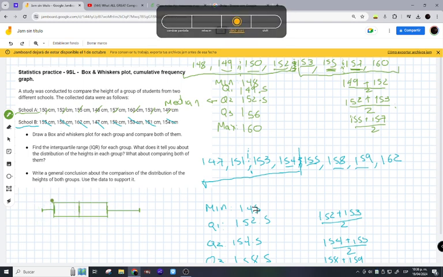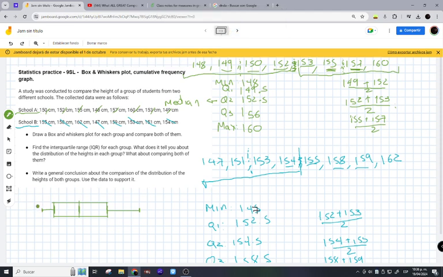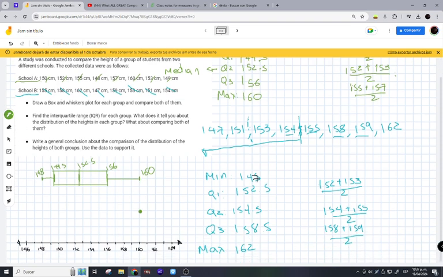What we want is to be able to gather as much information as possible from the plot. So it's 148, 149.5, 152.5, 156, and 160.